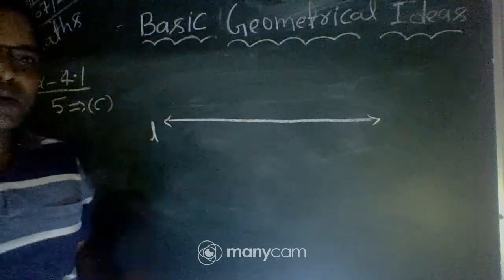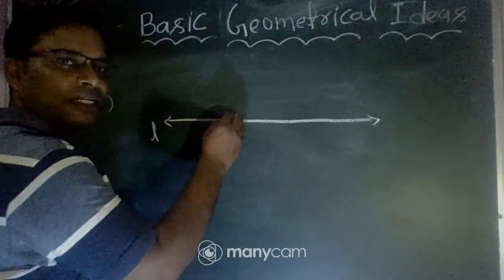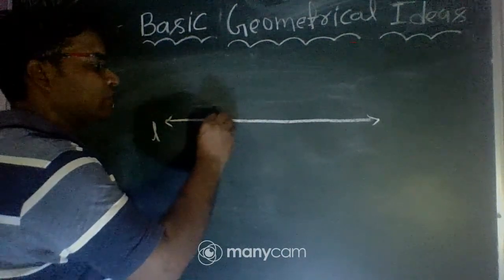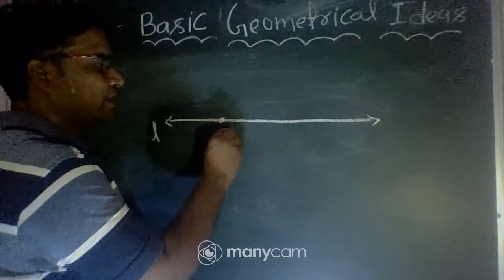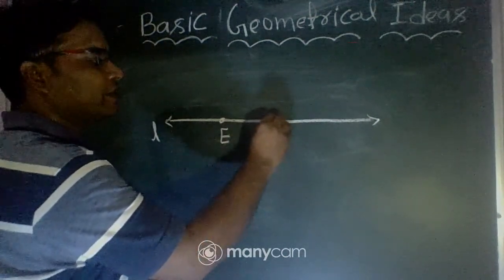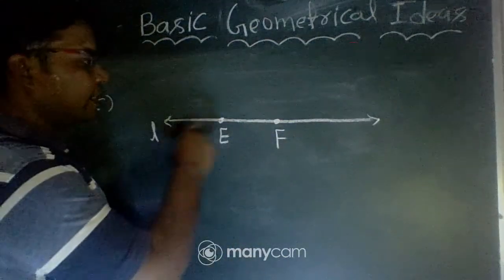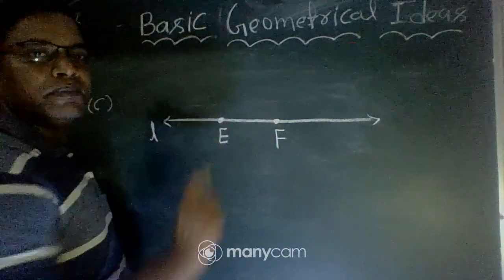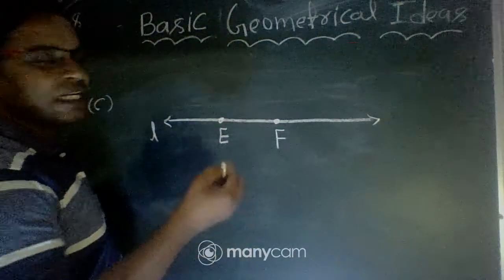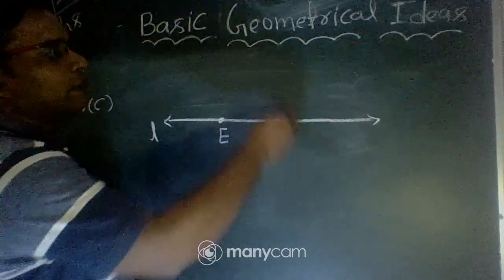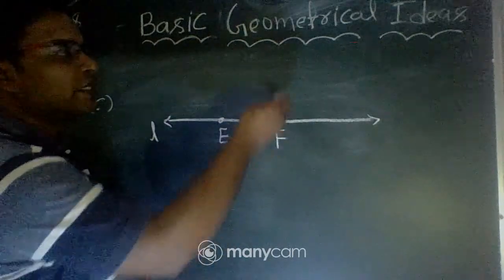So this is a line, and point E and point F are on the line. You can take point E anywhere, suppose here this is point E, and point F anywhere. Line L contains point E and point F, but not point D. So you can take point D above the line or below the line, anywhere in the plane.